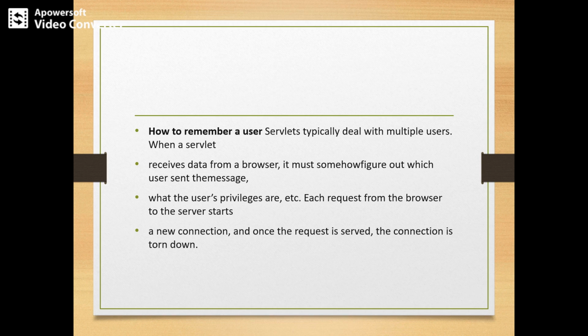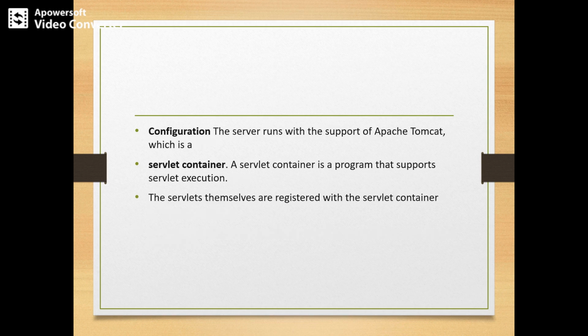Next, the configuration container. What is the meaning of that? A container is required. The server runs with support, for example Apache Tomcat, which is a servlet container, a program that supports servlet execution.